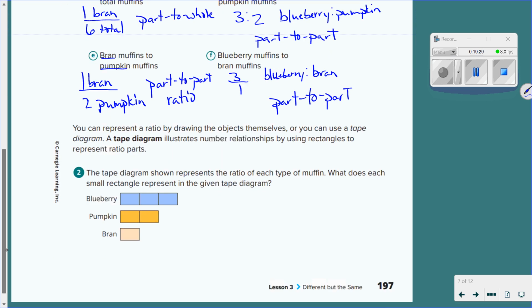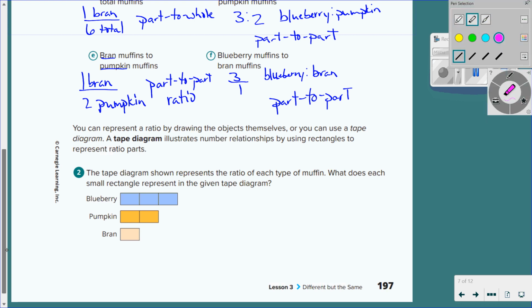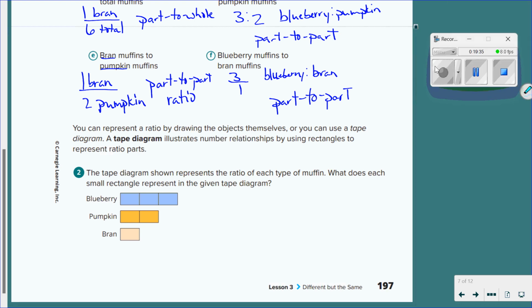Okay, we need our highlighter pen, marking pen. Folks, be ready. So here's another format that we have instead of having to draw out all those different boxes like Mr. Ken did in those earlier models. A tape diagram, I did that earlier too. Tape diagram illustrates number relationships by using rectangles to represent the ratio parts.